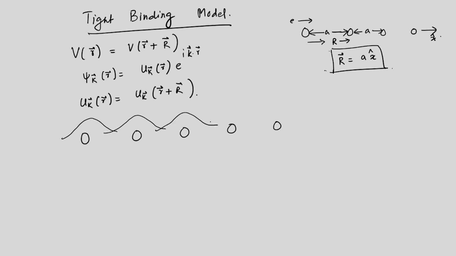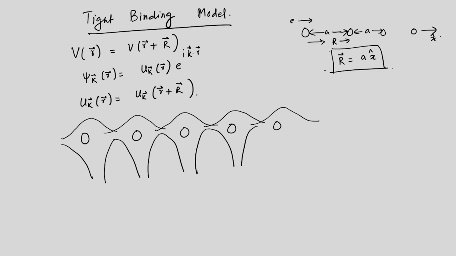these ionic cores. For a moment I am considering them as ions, so that the electron feels a potential. It could be an atomic potential also, but let us just consider that there is a potential like this, that is an attractive potential given by these ions. So these ions are positively charged, and then it gives a potential which is given by this.